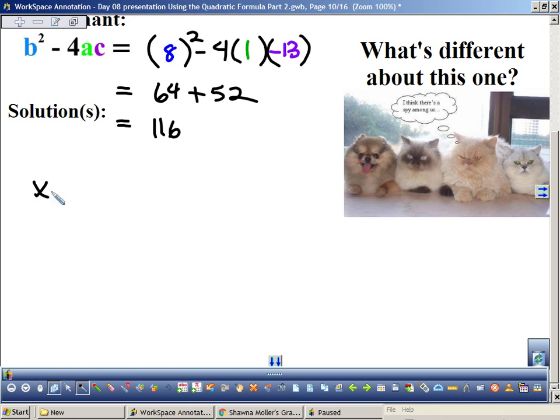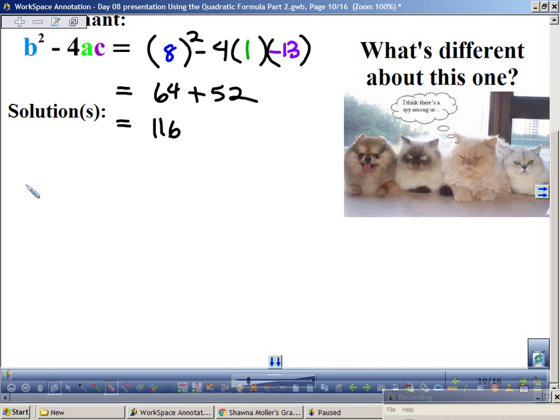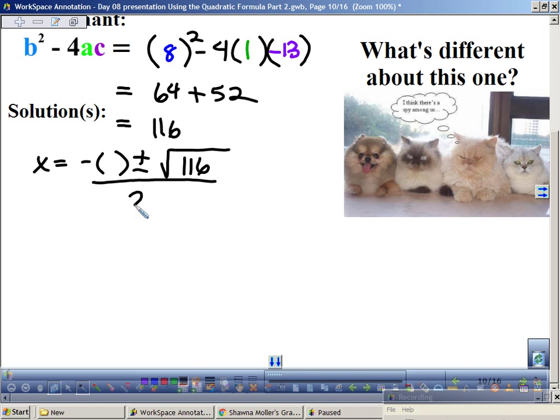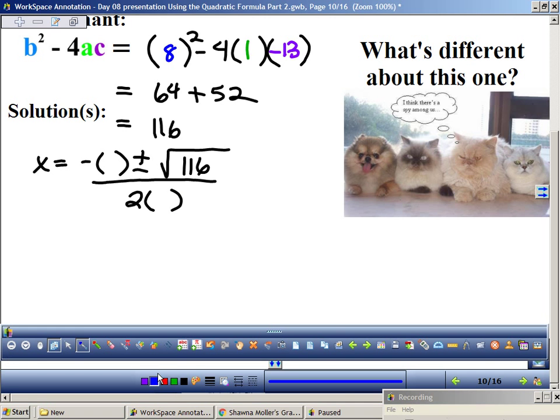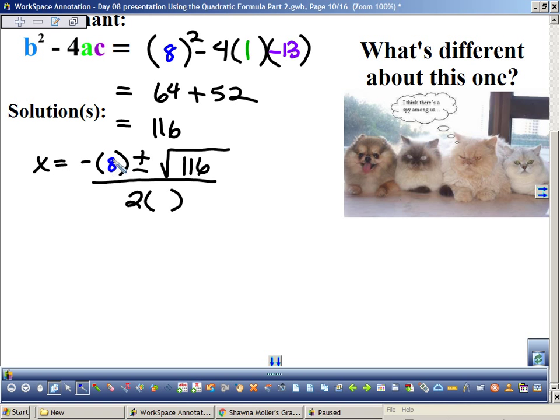All right, guys. So to find my solutions, I need everybody's eyes up here and mouths closed and pencils down. Good. So x equals negative b plus or minus the square root. I already have what goes in here. It's 116 all over 2 times a. My b is 8. Am I correct? Yes.